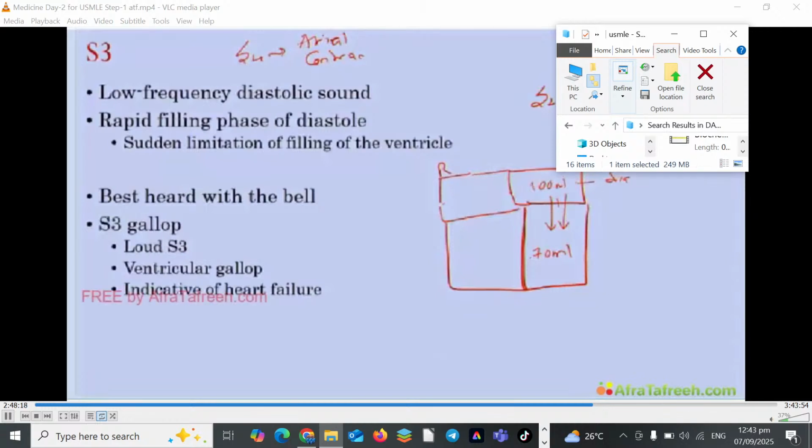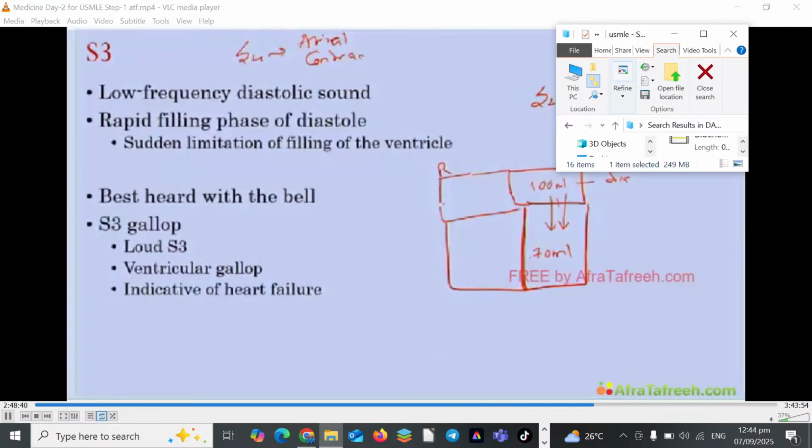So what is S3? We are talking about S3. What S3 is, when you put in that 70 ml of blood, the ventricle suddenly went up to its maximum capacity. Suddenly it got stretched to its maximum capacity and then it said, bus ho gaya.